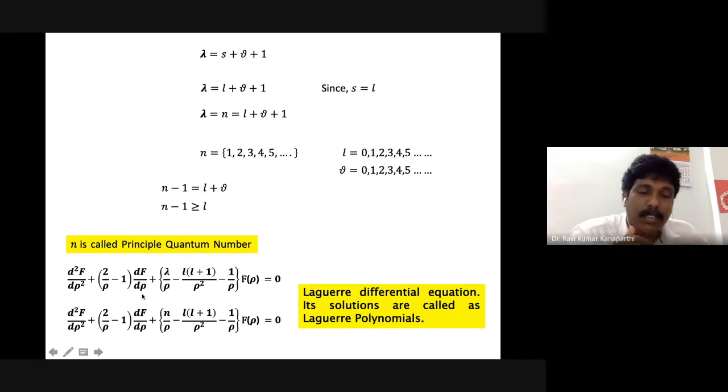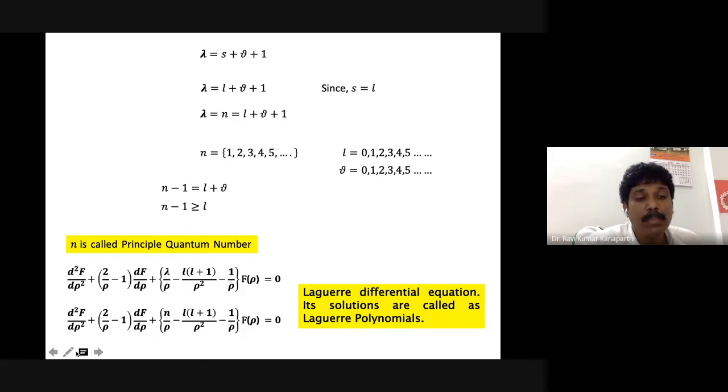Let us try to get the solution for f of rho. What is f of rho? You can just go ahead and see this differential equation. If you recall, d square f by d rho square plus 2 by rho minus 1 df upon d rho, this is the equation that we have.